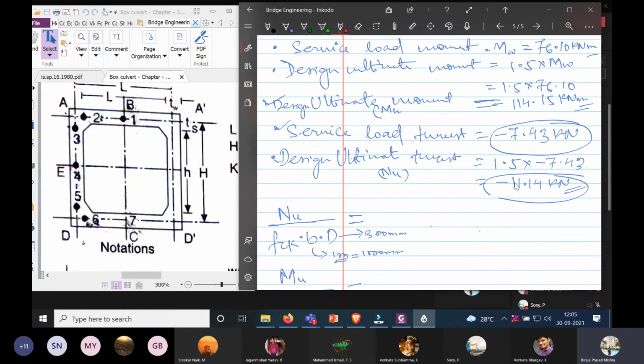NU is this one, 11.14 into 10 to the power 3, this is in kilonewton, divided by FCK is 20 into B per meter I told, so it will be 1000. Then what is the value of D? D is again 300. As simple as that.